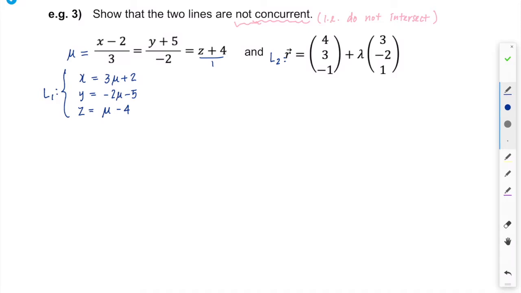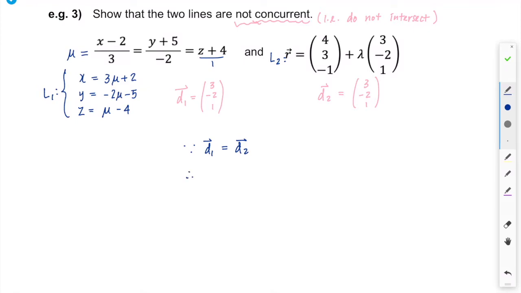So for two lines to be not concurrent, the first thing I will definitely check is the direction vectors of the two lines. So if I look at the first line, direction vector is 3, negative 2, and 1. And then the second direction vector is 3, negative 2, and 1. So first of all, I can notice that the two direction vectors are equal to each other.